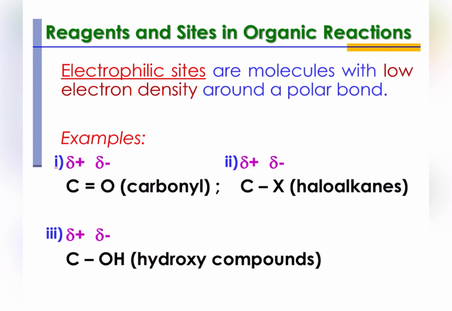And the last one, we can see the difference in electronegativity between the carbon atom and the OH group in hydroxy compounds, for example alcohol. You can see carbon is more electropositive than the hydroxyl group. So all of these compounds are examples of molecules that act as the electrophilic side.